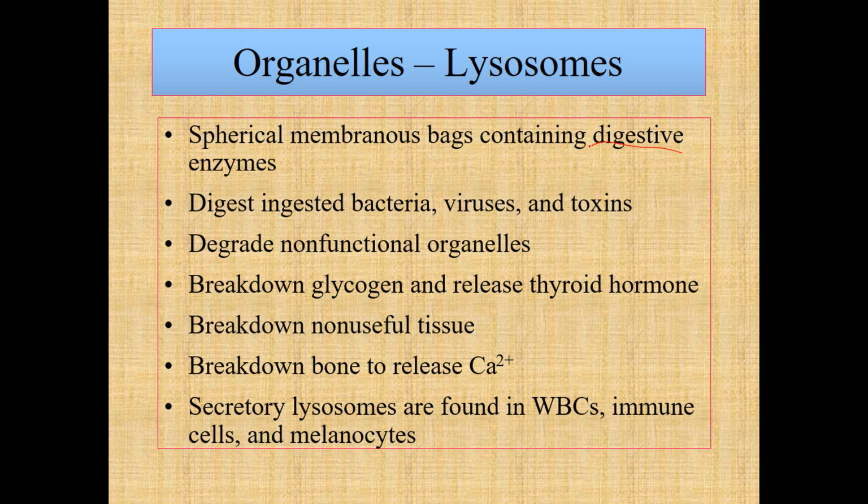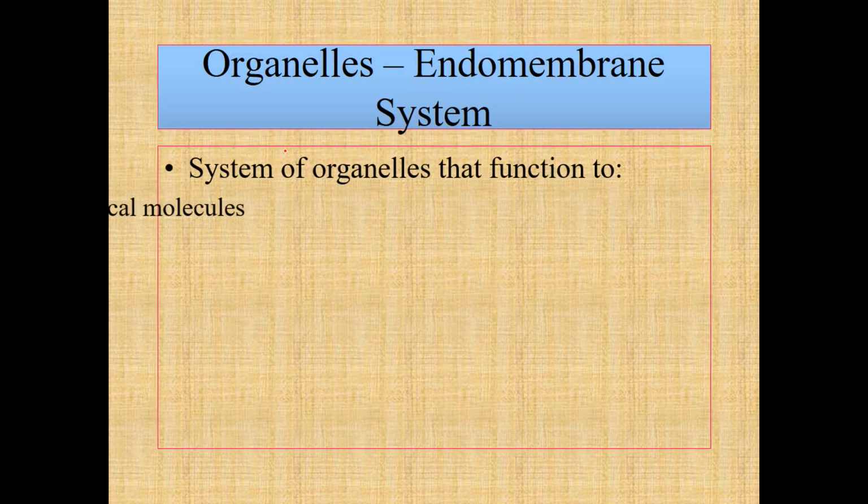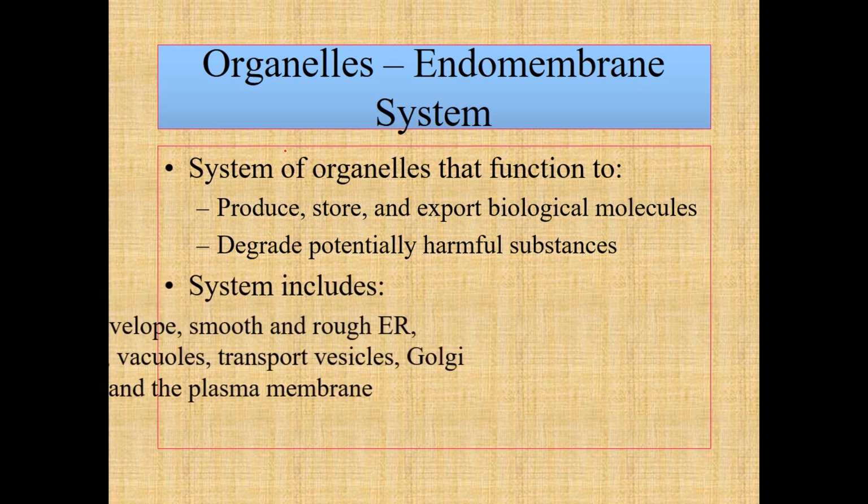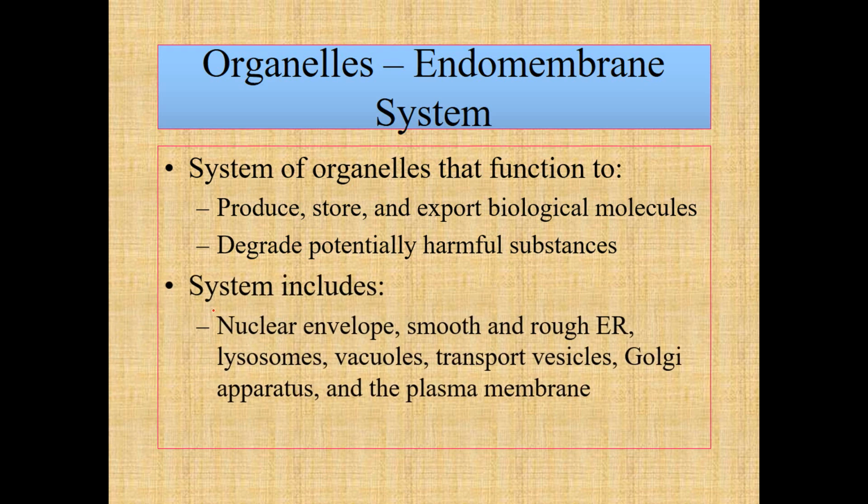All right, so what we see is all of these membranous structures, Golgi, rough ER, smooth ER, lysosomes, all of that, and this kind of goes back to what I was saying earlier, that I want you guys to know how all of these organelles work with each other, all right? So what we have are these organelles that are all made up of membrane that make this endomembrane system.